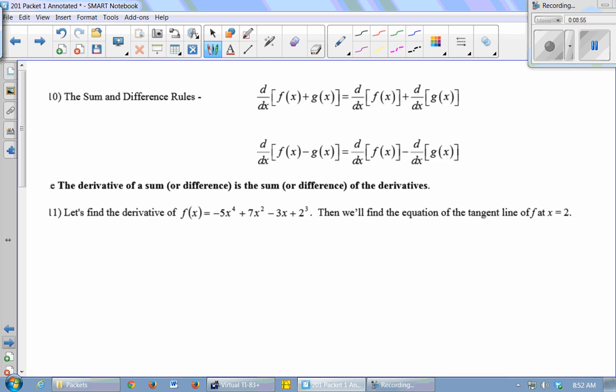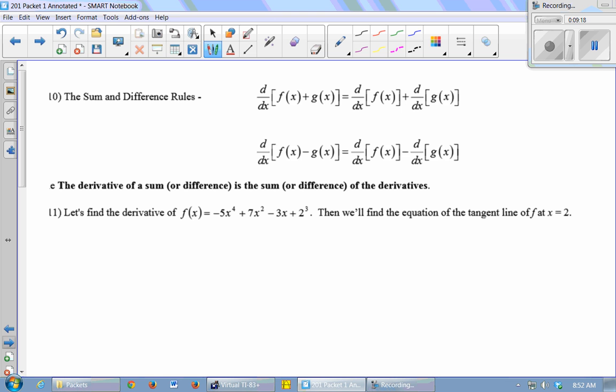Okay, if you want to take a sum or a difference, you can take the derivative of each item separately. You want to know what is d dx of f plus g? Take d dx of f plus d dx of g. Derivative of f plus the derivative of g. For a composite function, we have a different rule, and we will learn that in a couple of weeks. That's the chain rule.